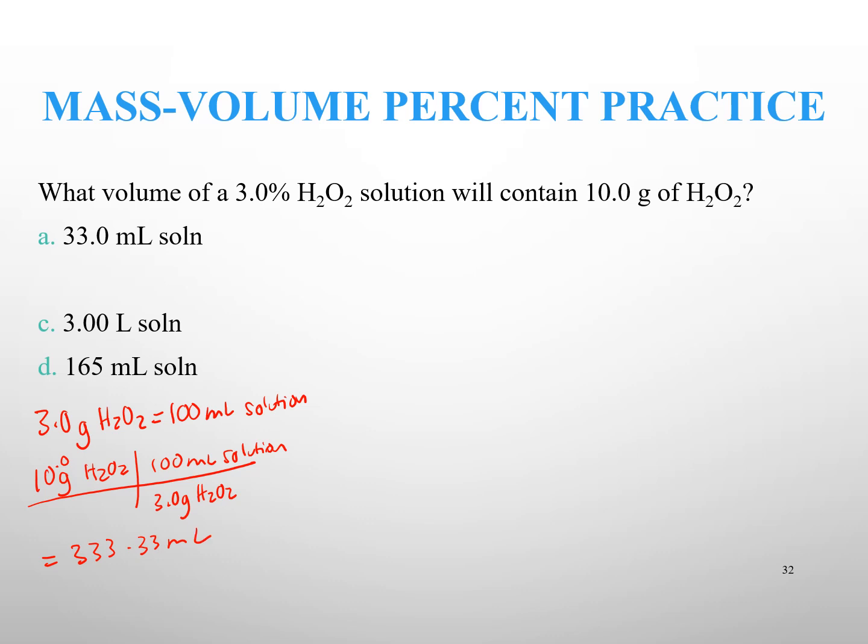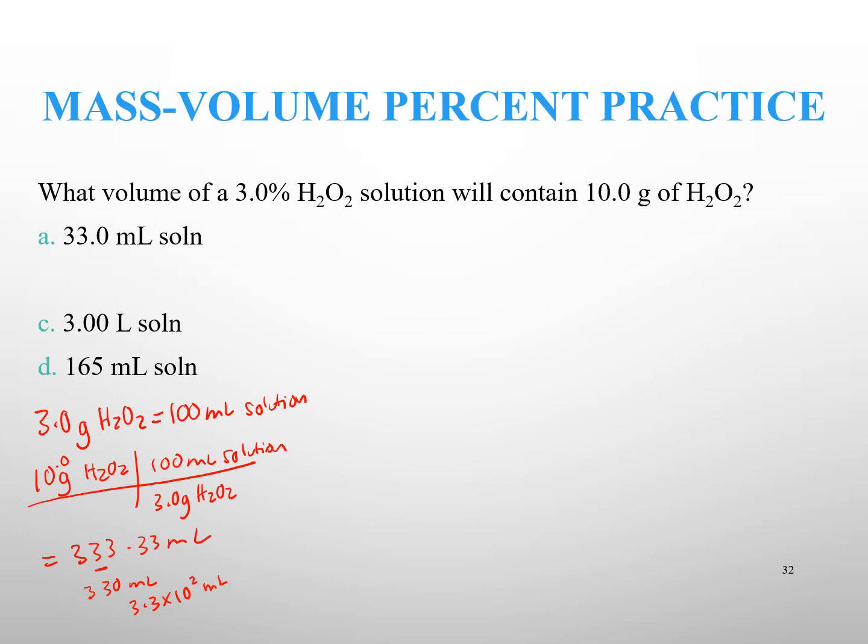Now, we only have 3 sig figs though, and actually just 2 sig figs because of this 2 here, and there's 3 sig figs. So we want to stop our answer at the second sig fig. So it will be 330 mils. Okay? Or we can say 3.3 times 10 to the power of 2 mils.